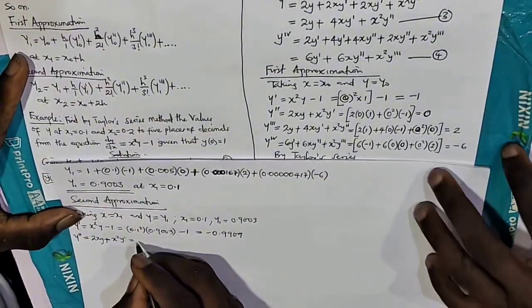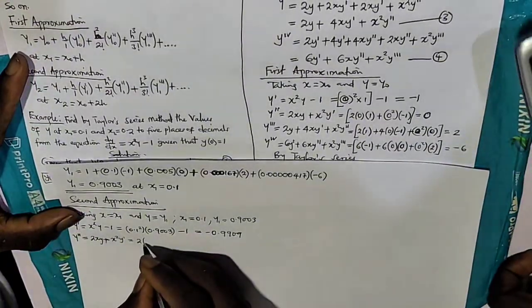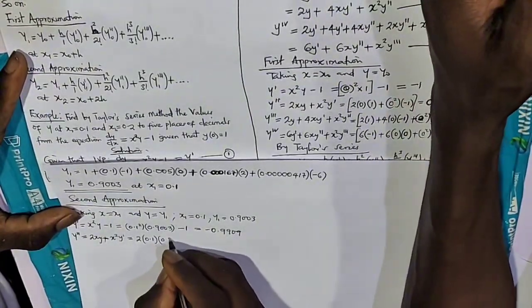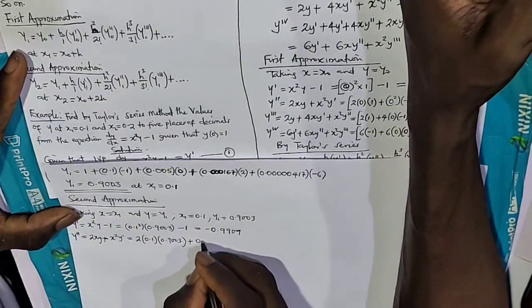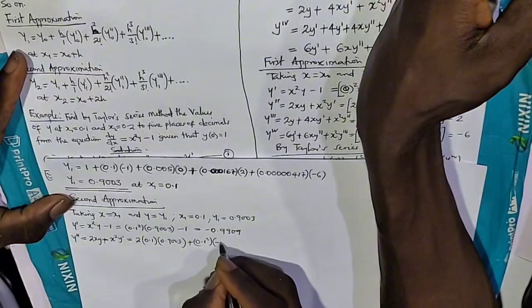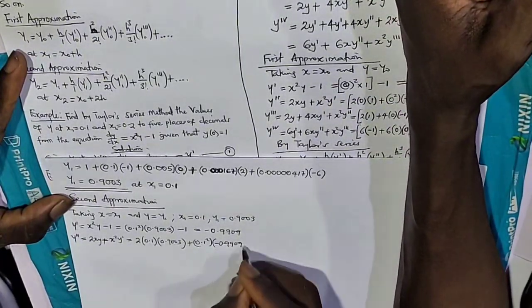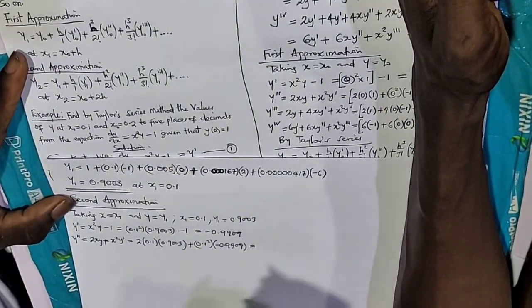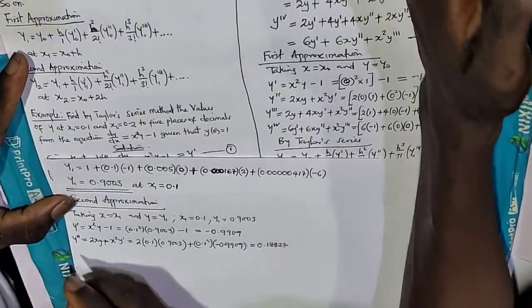That gives us 2 into 0.1 into 0.9003 plus 0.1 squared y prime, which is now negative 0.9909. For this one, we get 0.18827. It's correct.